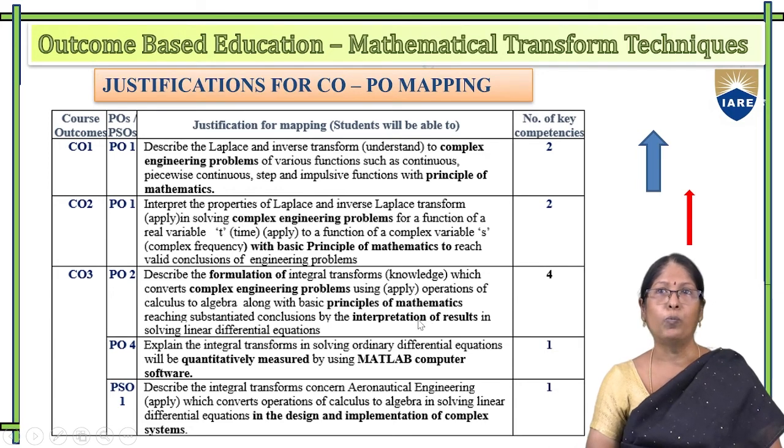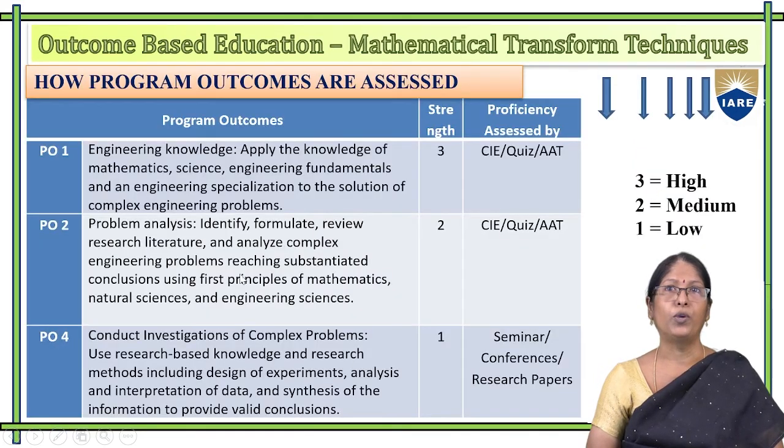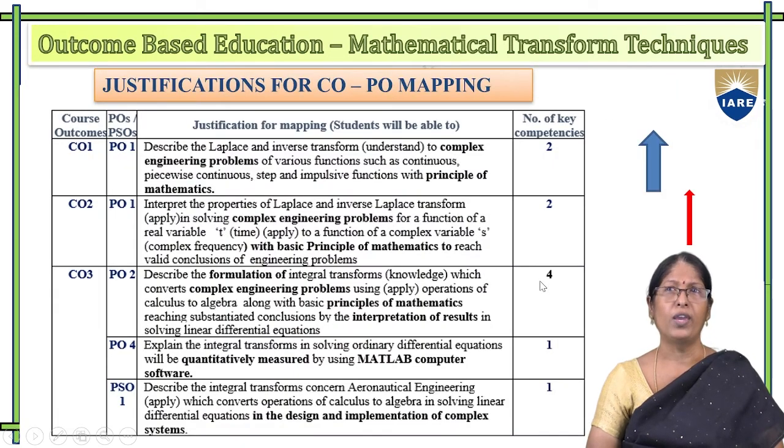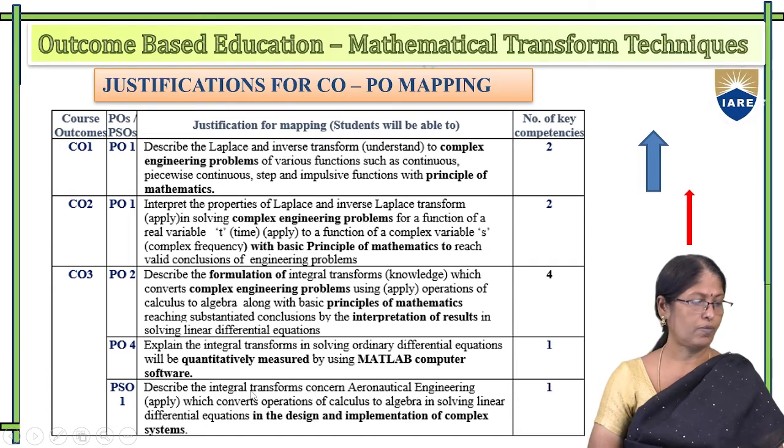These bold ones are the elements for reaching substantiated conclusions by the interpretation of results in solving linear differential equations. So in our PO2, there are a total of 10 elements, of which our CO3 satisfies 4. In a similar manner, we have to check all our 12 course outcomes.